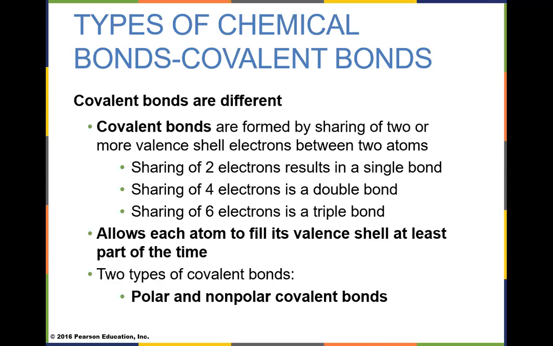The atom wants to have 8 electrons in its outer shell, in its valence shell. If we share electrons with another atom that also wants to have 8 electrons in its outer shell, we can. And since these electrons are moving at the speed of light, which is 186,000 miles per second, they can be in 2 places at the same time for all we care.